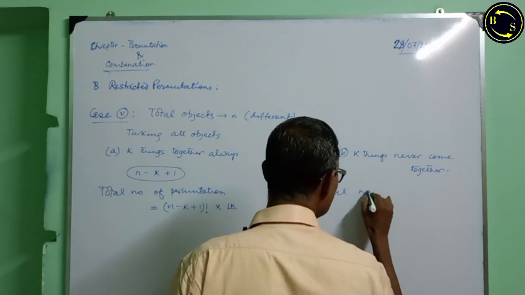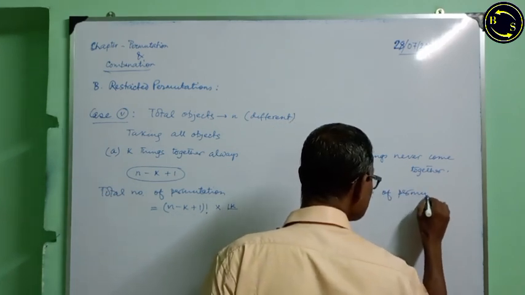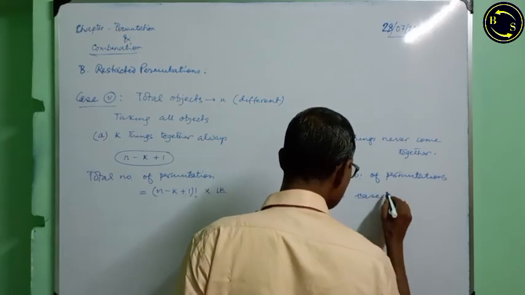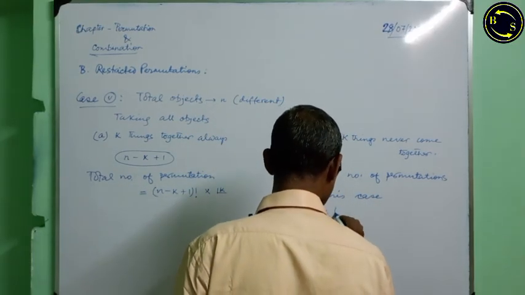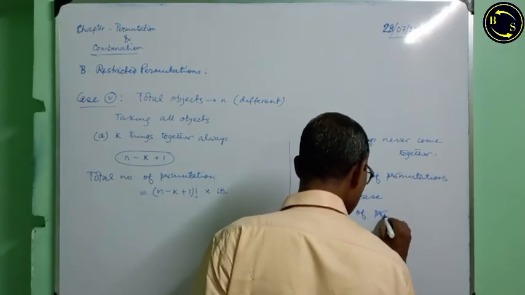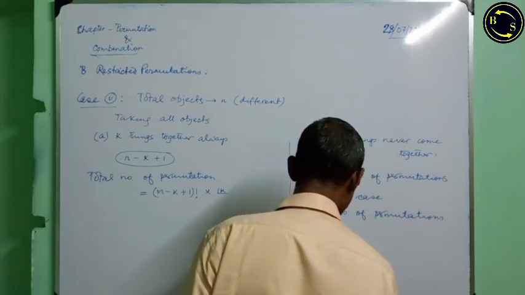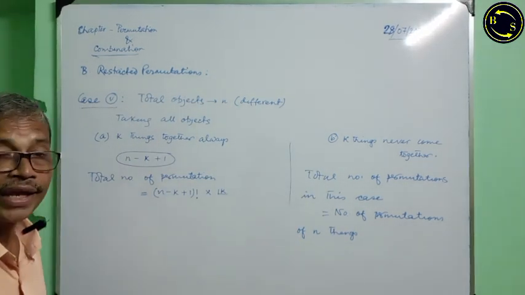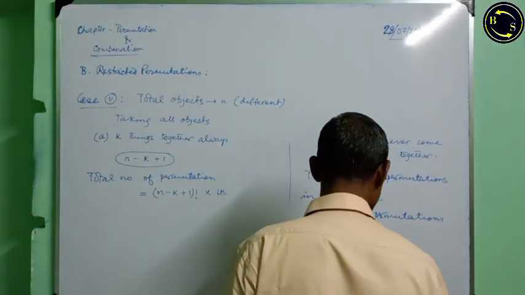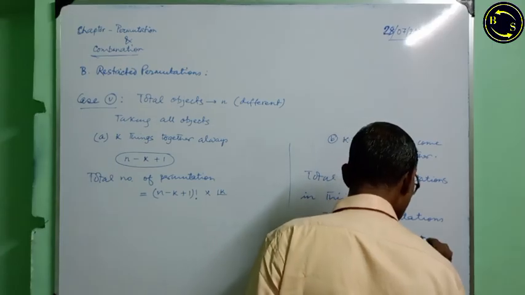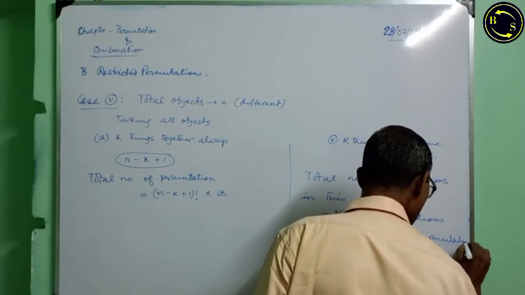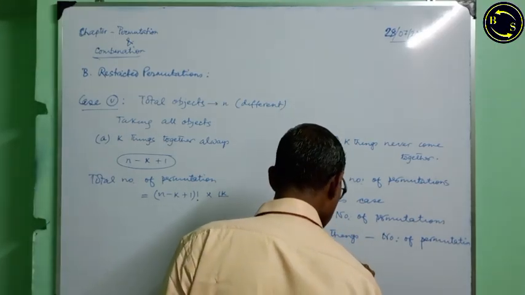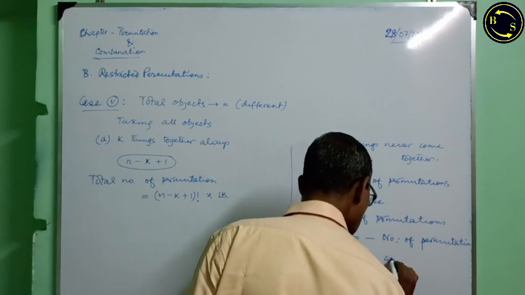Total number of permutations in this case is equal to the number of permutations of n different things, as already mentioned, minus the number of permutations where k things are together.